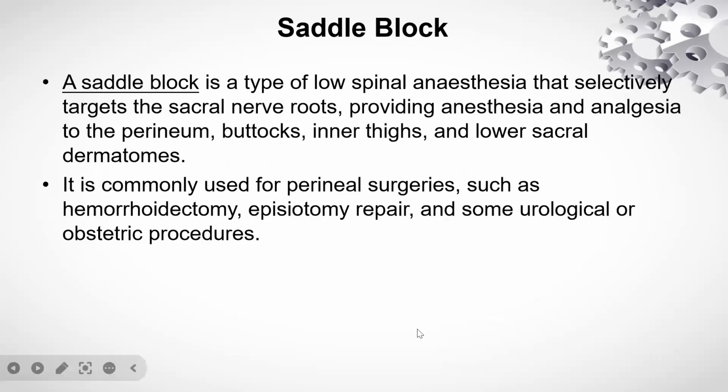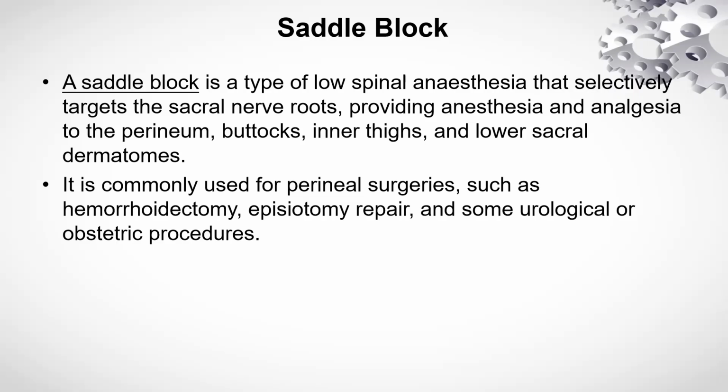Now, a saddle block is a type of low spinal that blocks sacral nerve roots, providing anesthesia and analgesia to the perineum, buttocks, inner thighs, and lower sacral dermatomes. Oftentimes I tell my residents, this patient is going for a perineal surgery. Why do you want to give a full spinal? Do a saddle block. How do you do it?